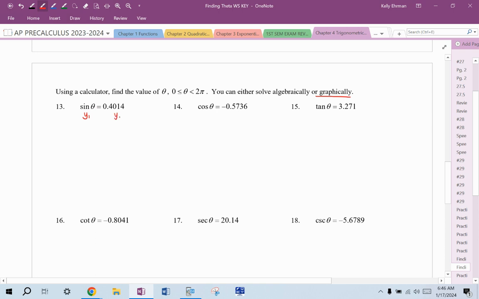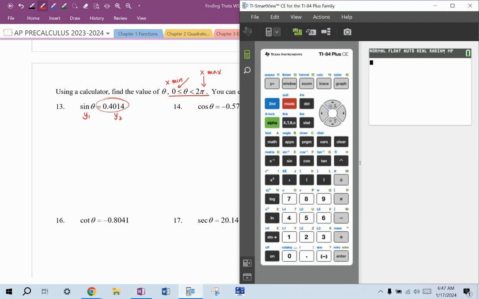I'm going to put the decimal into y2. I'm going to fit the window. The x min is always 0, and the x max is always 2 pi. And then I'll adjust my y window just to make sure that it captures this value and gives me a little bit of space.